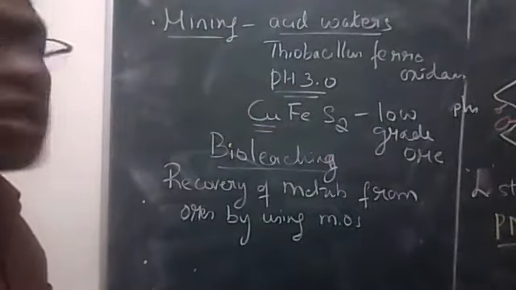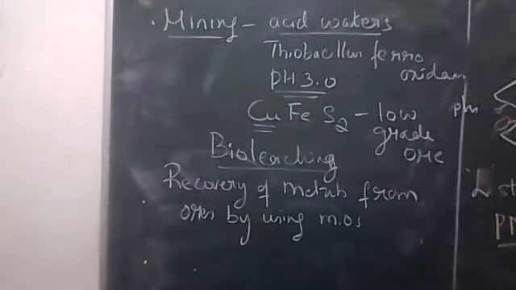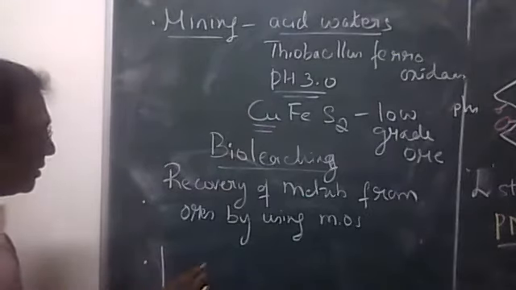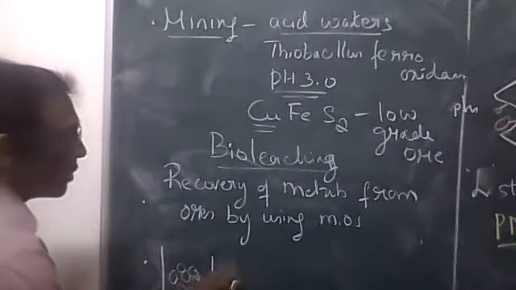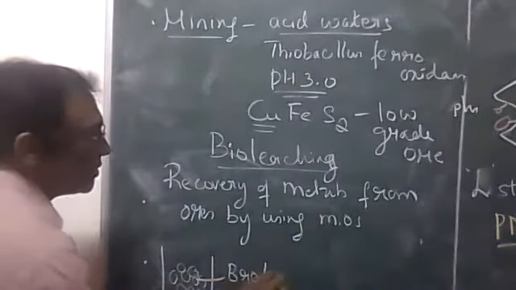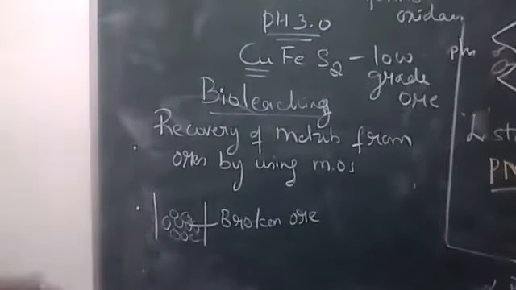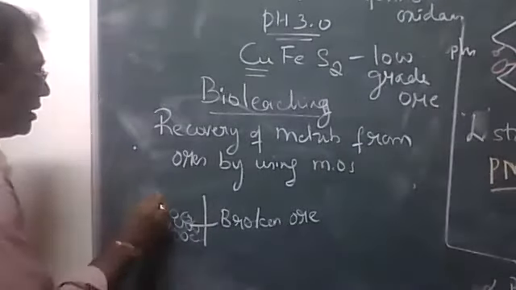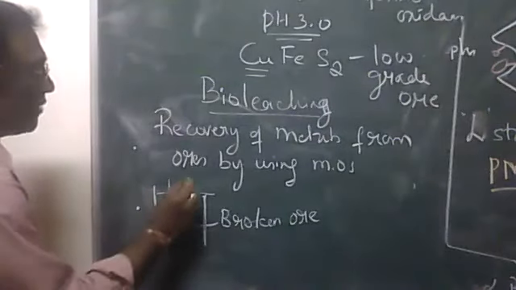How to understand this? Did you take down these facts? Imagine there are ore particles here, broken ore particles. In this broken ore, what they do is sprinkle and spray water.